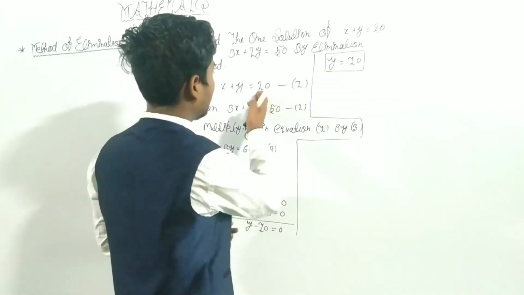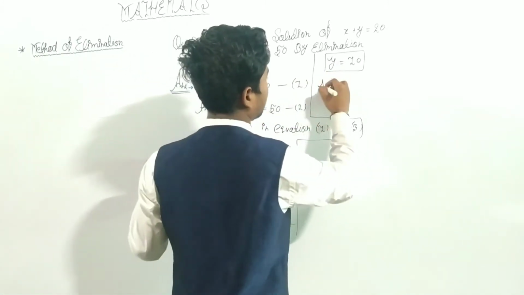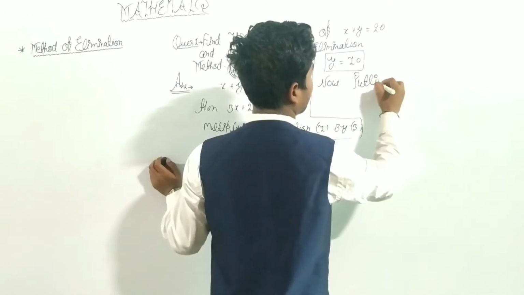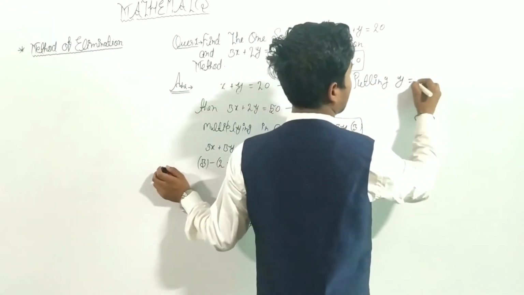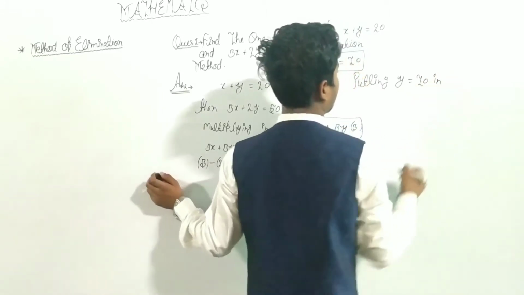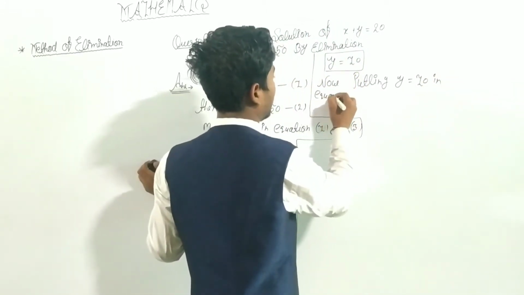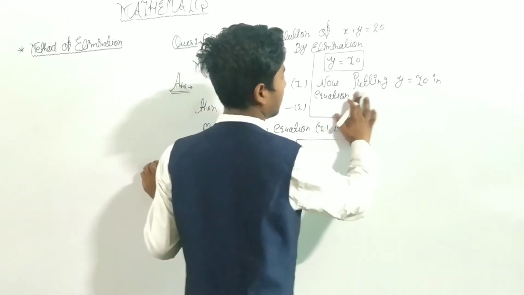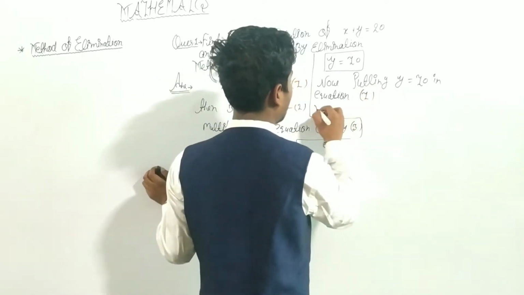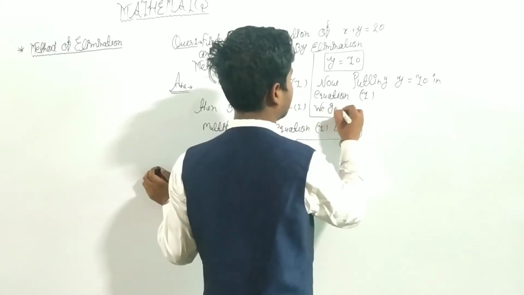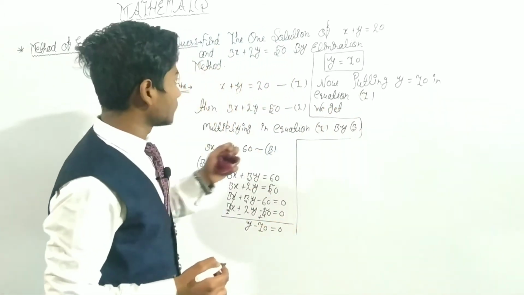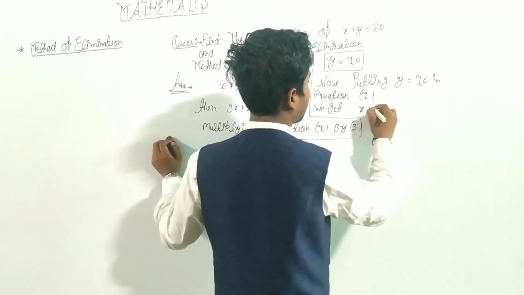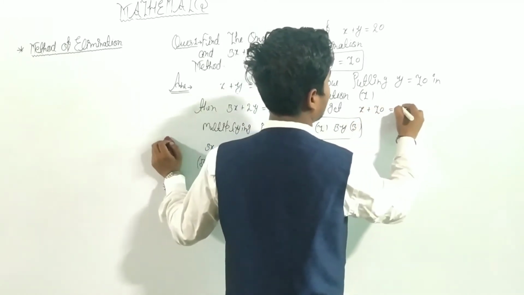Now we put it into equation 1. Putting y is equal to 10 in equation 1, we get x plus 10 is equal to 20.